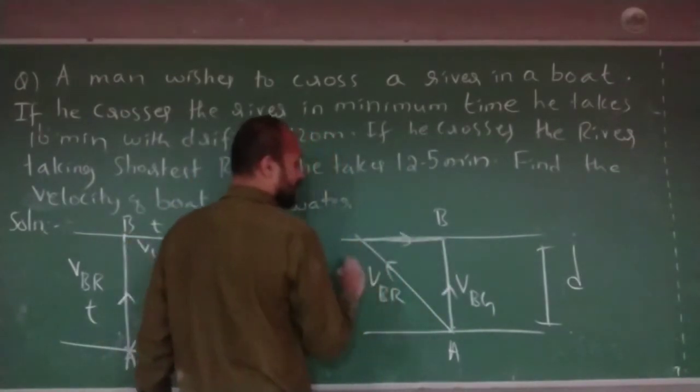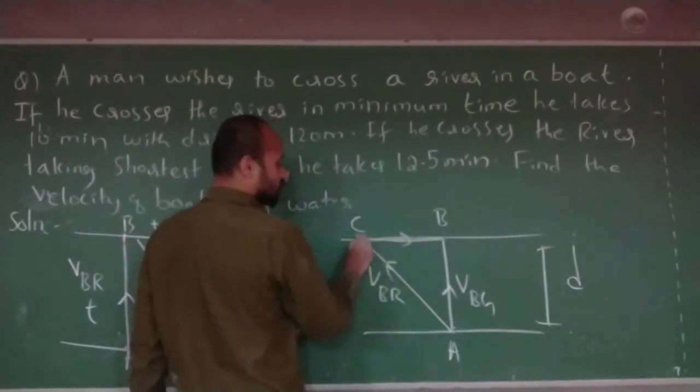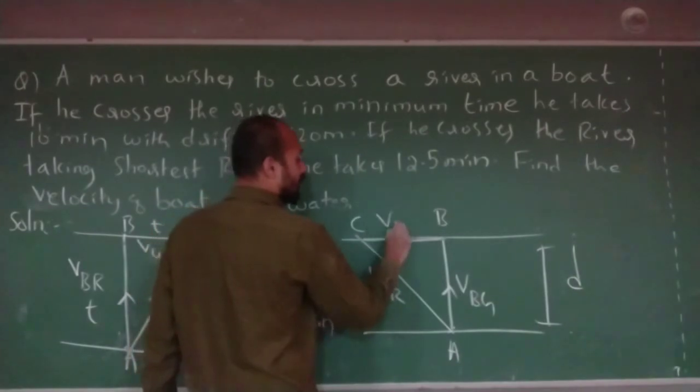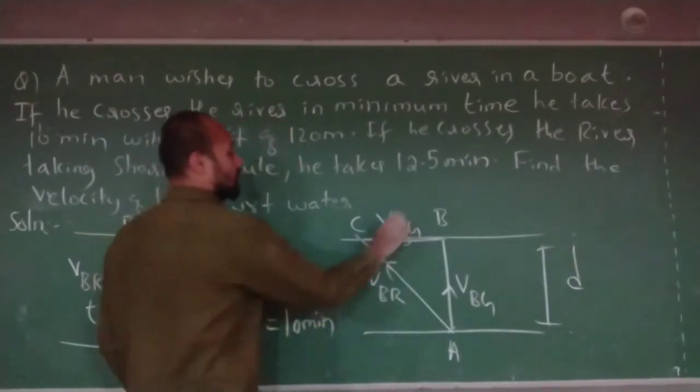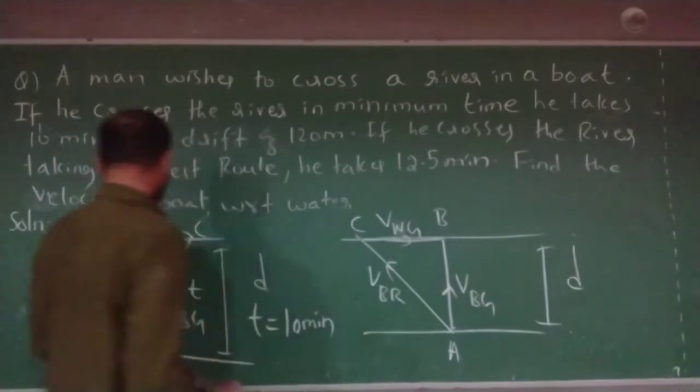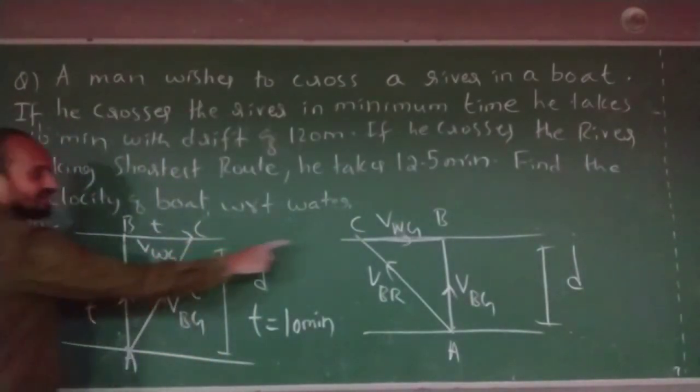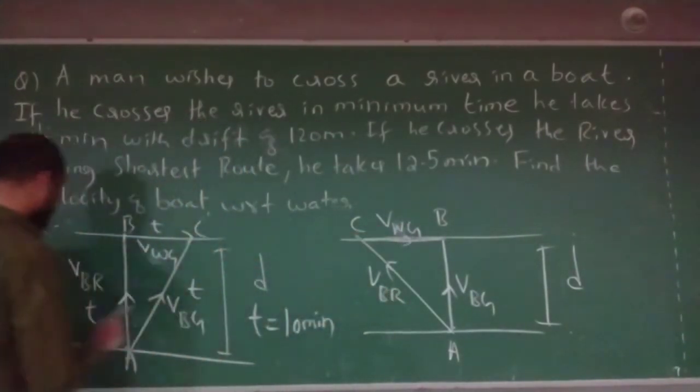Let us take this point C. This will be velocity of boat with respect to river, and this is velocity of water with respect to ground. This velocity is same, this is also same.